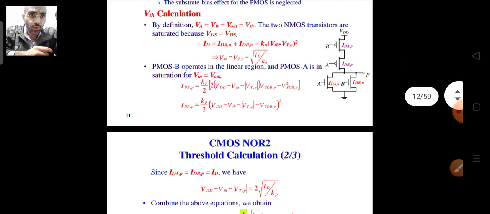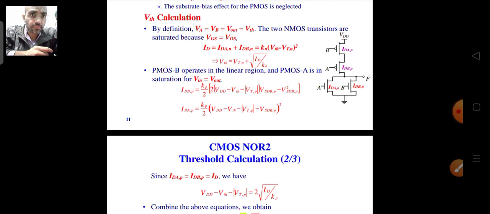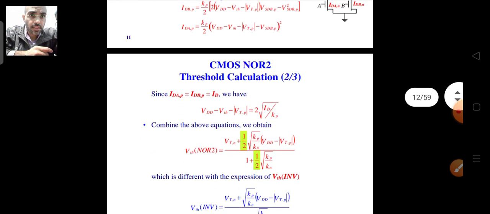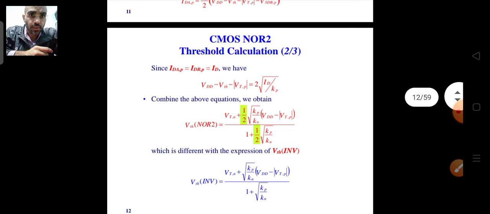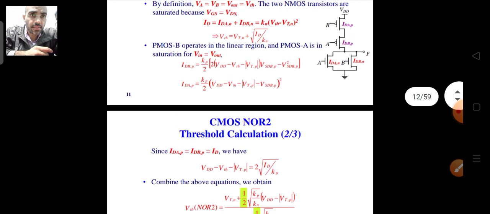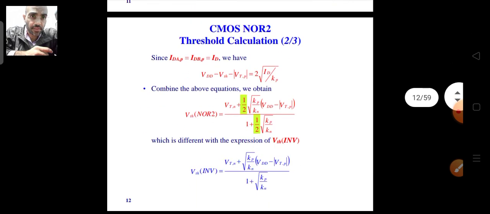Now as you know, both the transistors are in series, so whatever current is going to flow from the B transistor, the same current is going to flow from the A transistor as well. So if we equate both the currents and solve it, we find that our VDD is equal to this in terms of this.